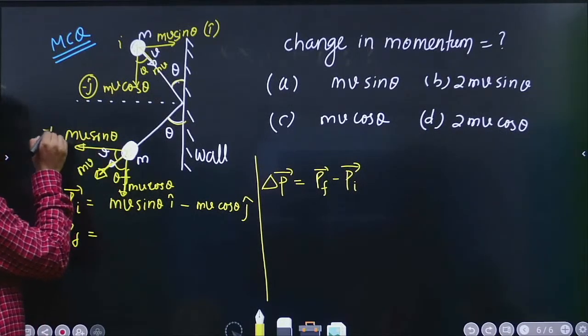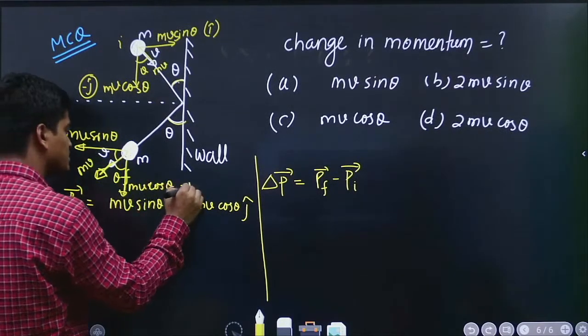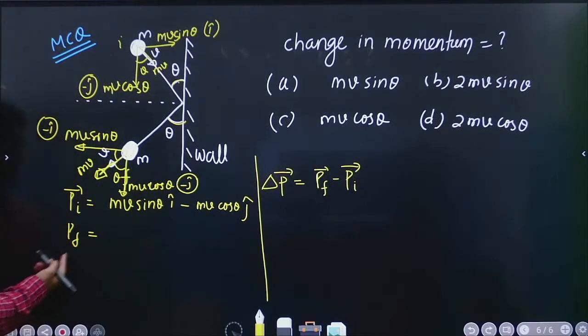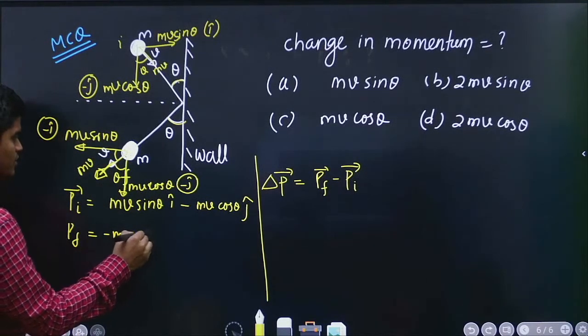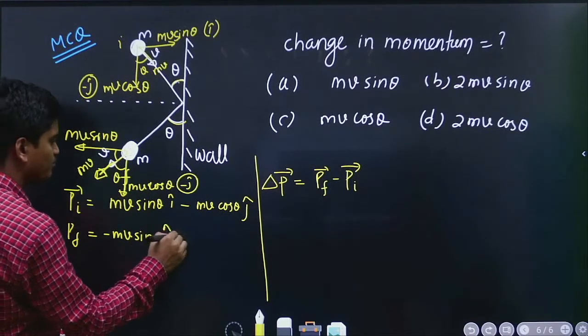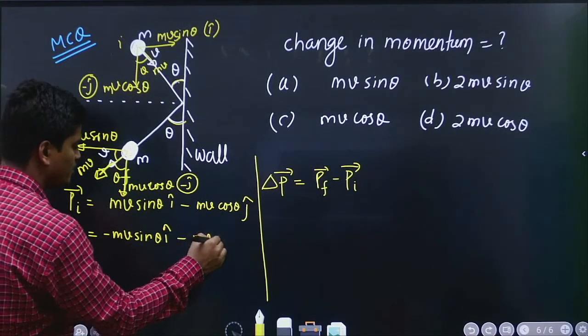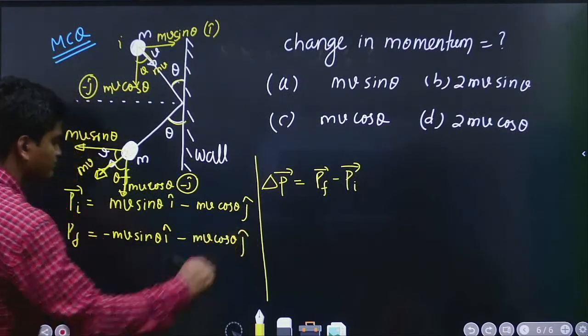It is in minus i and minus j. So the final momentum is minus mv sin theta i cap minus mv cos theta j cap.